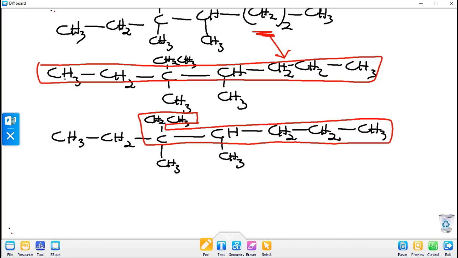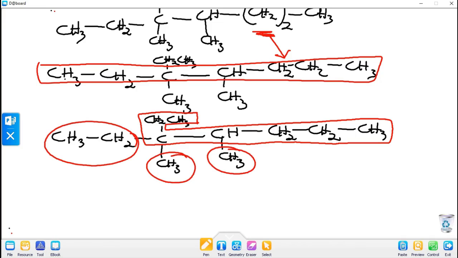So I'd like you to understand that taking your parent chain can be done in different ways. And this is now side chain, side chain, side chain, 3 side chains. As we can see here too, this is side chain 1, side chain 2, side chain 3, 3 side chains. So whichever you choose to take is not a problem.